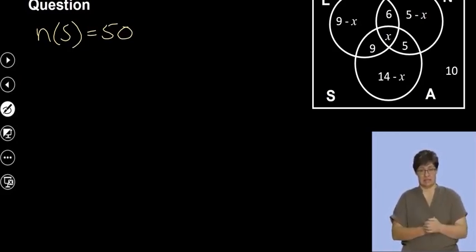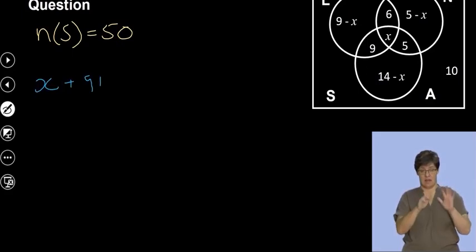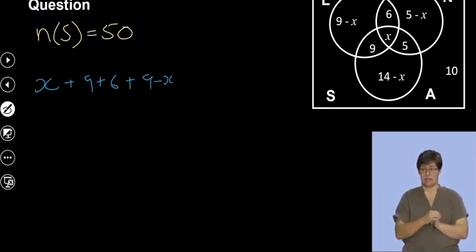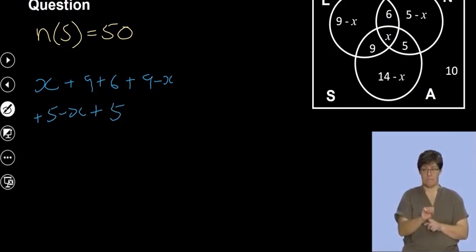I'm going to add everything up and see that I can start to add things up to 50. If we do that, we'll recognize we've got X in the middle, plus 9, plus 6, plus 9 minus X. That was all in L. And then I've got plus 5 minus X, plus 5, and I recognize that that adds up already.